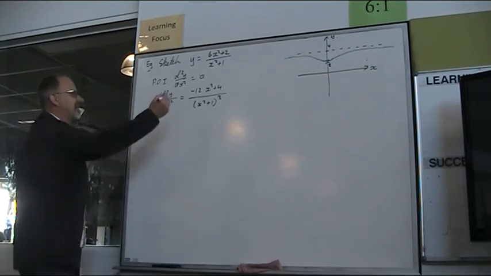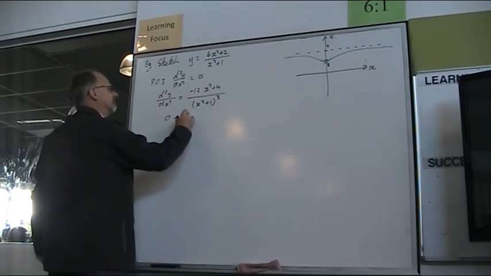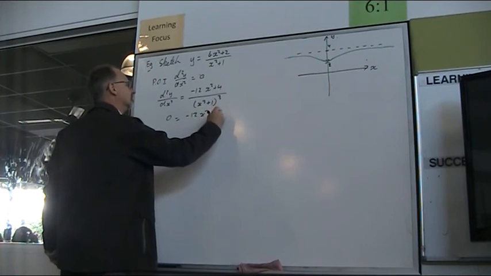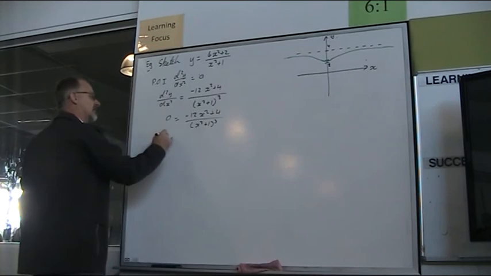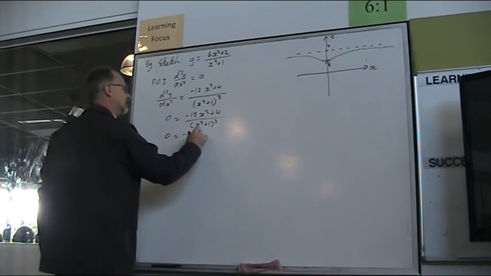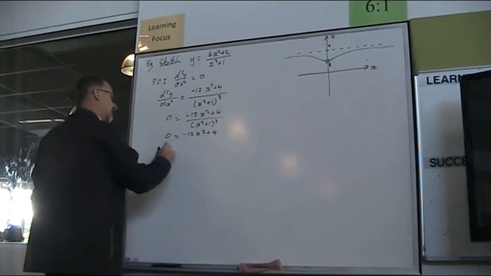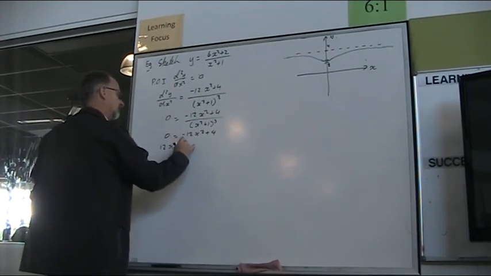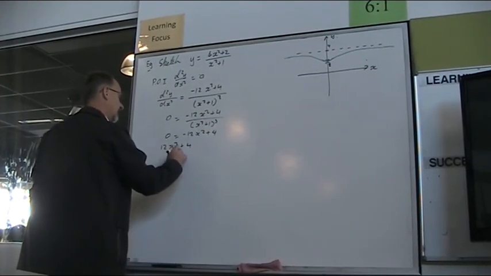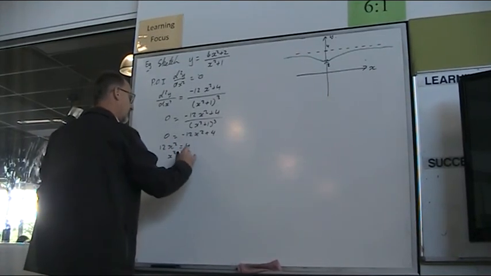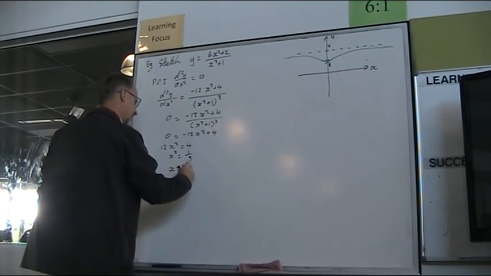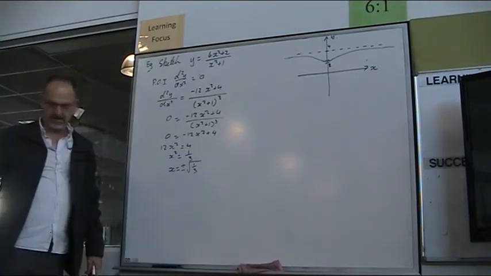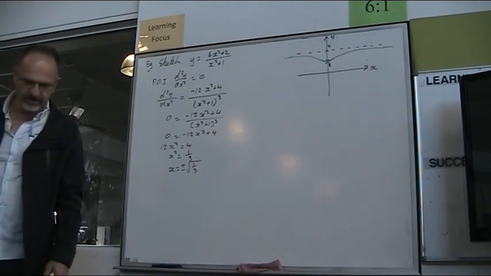All right, so if we make that equal 0, times both sides. I'm going to move the 12x squared over. Divide by 12, so that's a third. x equals plus or minus the square root of a third.